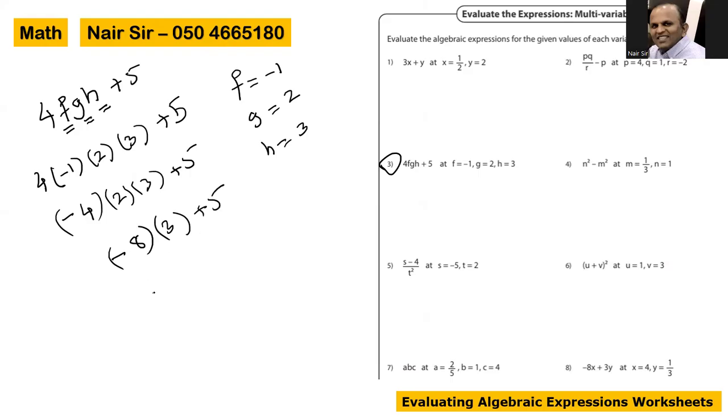Minus 8 into 3, plus minus minus, 8 3s are 24 plus 5. Different sign, subtract. What do you get? 19. What is the bigger number? 24. What is the sign? Minus. Answer. Cool?